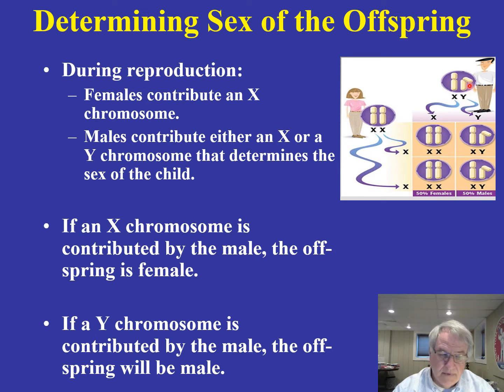And females are contributing these X chromosomes. Males can contribute either an X or a Y. And again, it's the male that's really going to be determining the sex of the offspring. So we have a 50% likelihood of female and a 50% likelihood of male offspring.